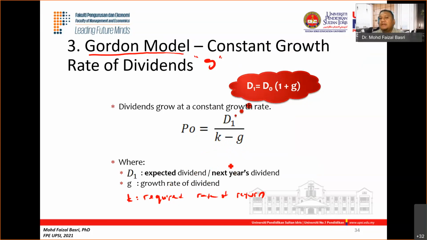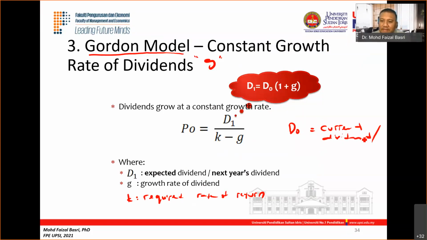Now, for this constant growth model, you need to be careful of one thing regarding the dividend value. There are two possible situations with regards to this D1. The question can provide you with the current dividend, which is symbolized with D0.